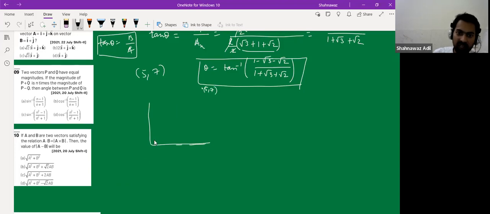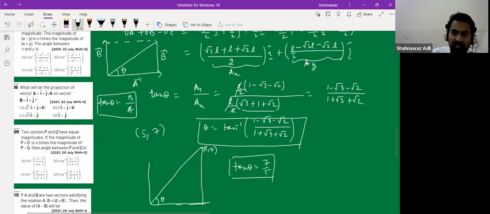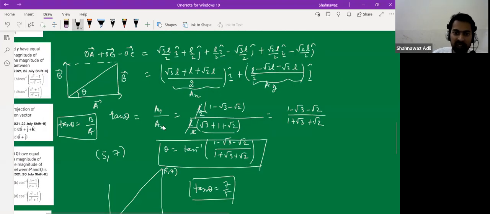Then you can write this angle, or write the vector in the polar form. So this would be how much? 7 by 5, right? So this was the whole idea. We resolved this vector in the i and j components and then just calculated the angle, right?